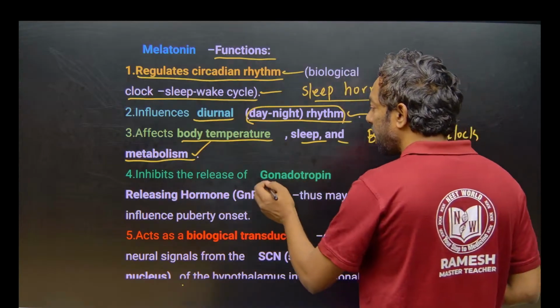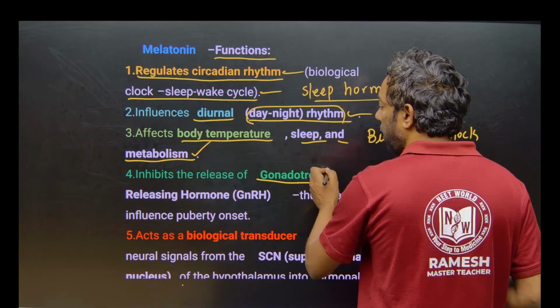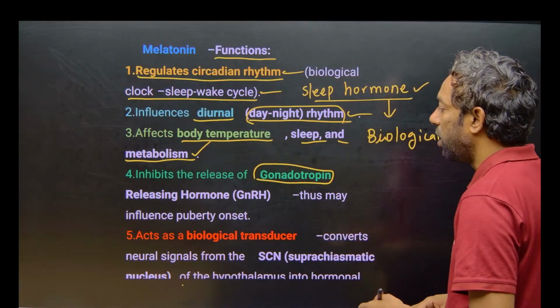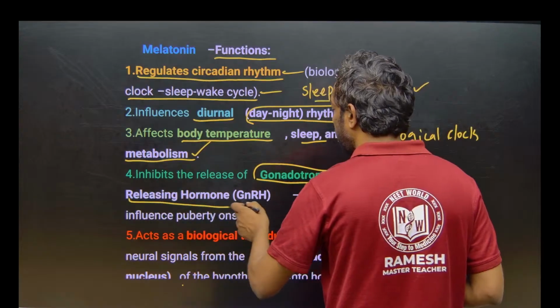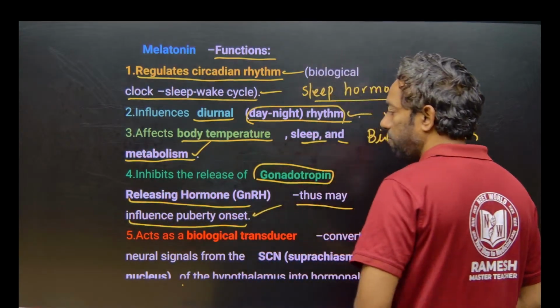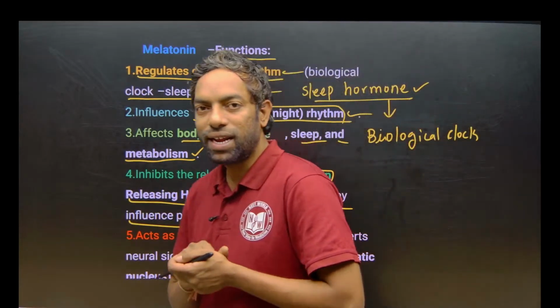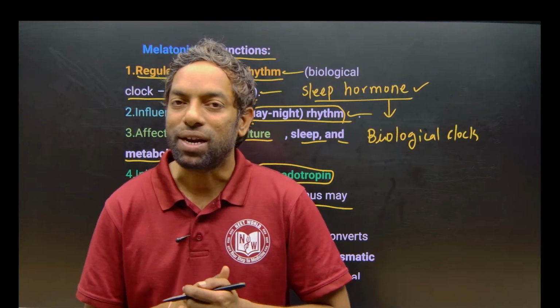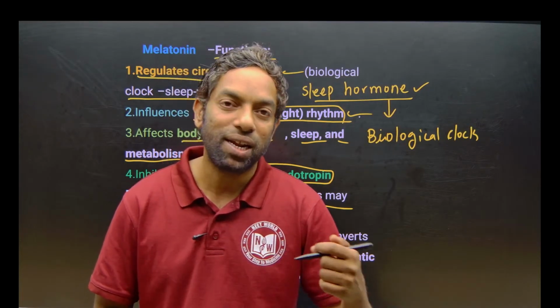It inhibits the release of gonadotropin-releasing hormones, and thus may influence puberty onset. Guys, the pineal gland can also affect the gonadotropin-releasing hormone.